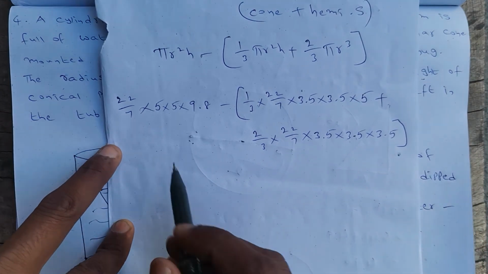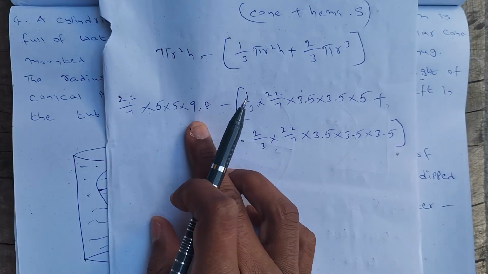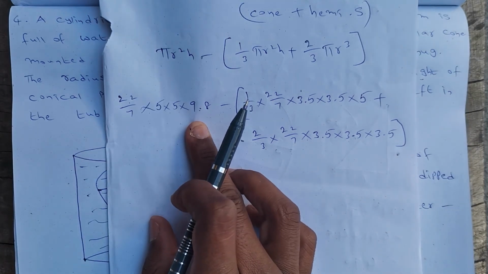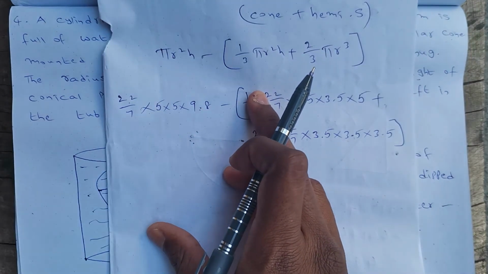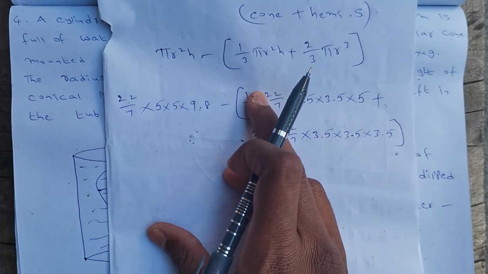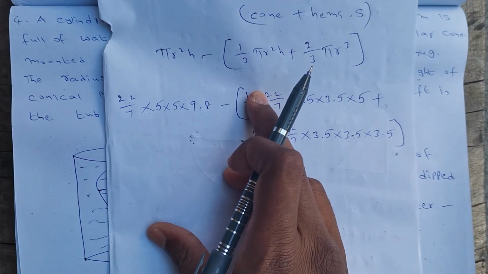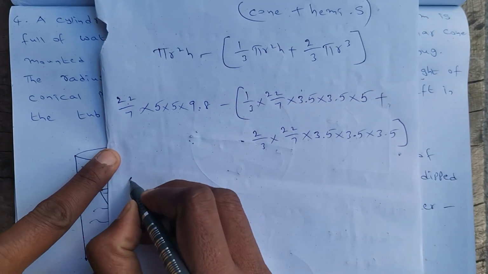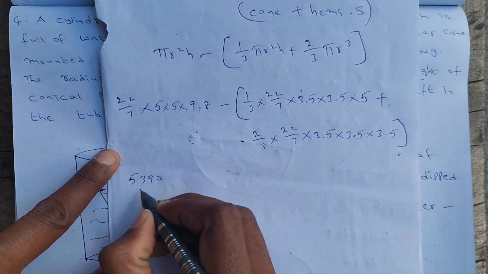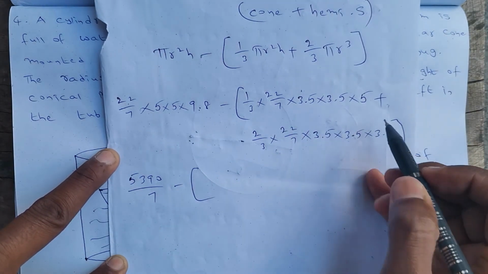Okay, let us check now. 22 into 5 into 5 into 9.8. 5 fives are 25, and 25 into 22 is 550. That 550 into 9.8 is 5390. So 5390 divided by 7, minus. Here cancellation is not at all possible.